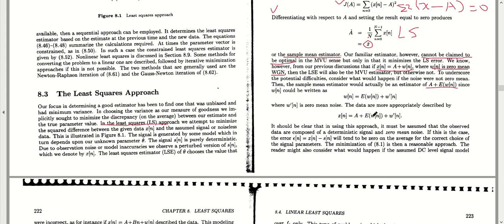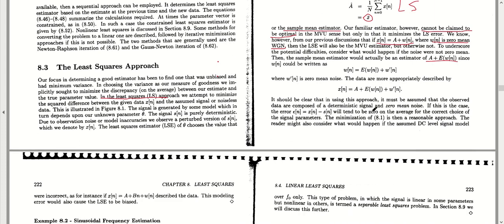As a result, you are going to have a bias caused by this. Then the data are more appropriately described by this. It should be clear that in using this approach, it must be assumed that the observed data are composed of a deterministic signal and zero mean noise. But if we don't know the statistics of the noise, how can we claim the noise to be zero mean?